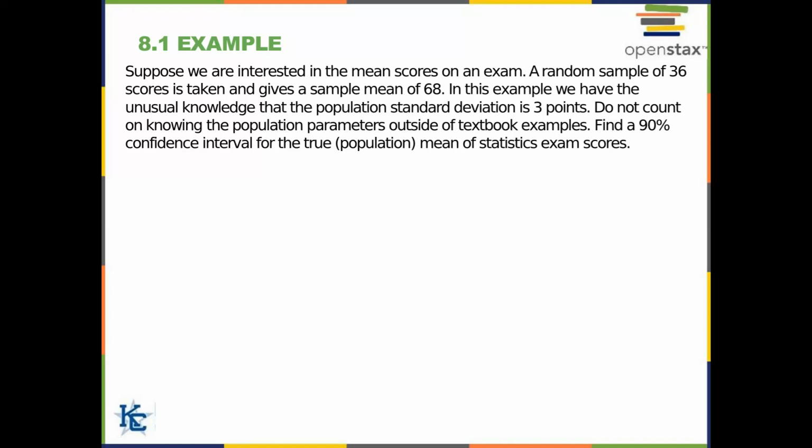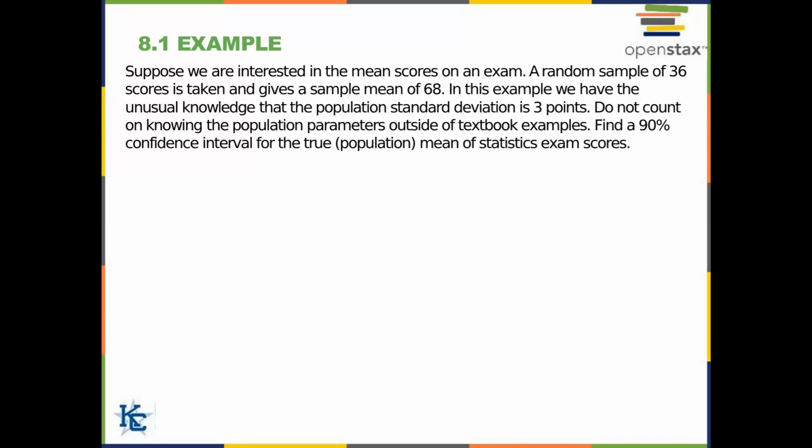So we know that we can do this because we have a sample greater than 30. We're given the sample mean, and then we're given the population standard deviation. We're going to do 3 different types of confidence intervals today. One's going to be a mean when we know the population standard deviation, which is not usually the case in real world examples.